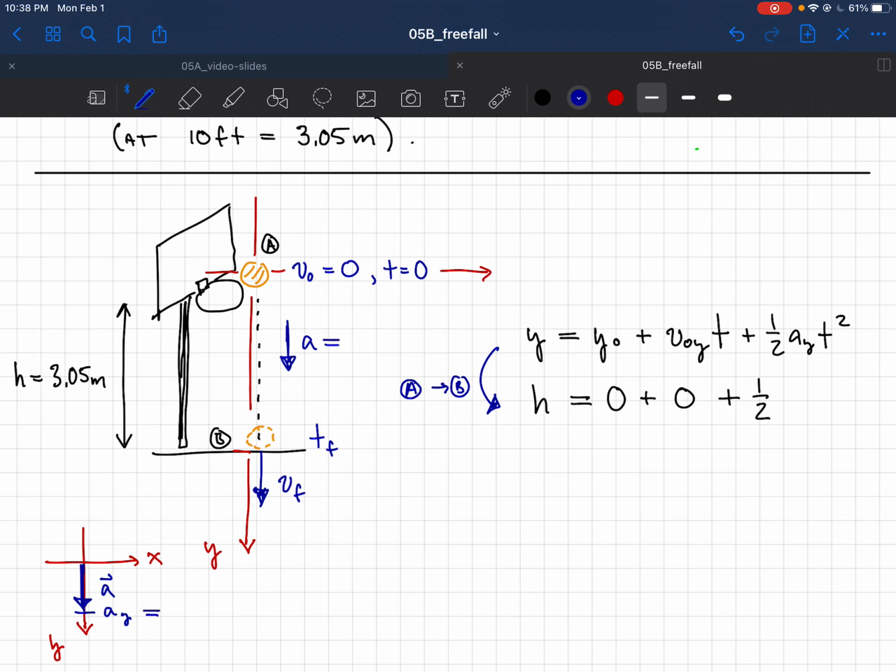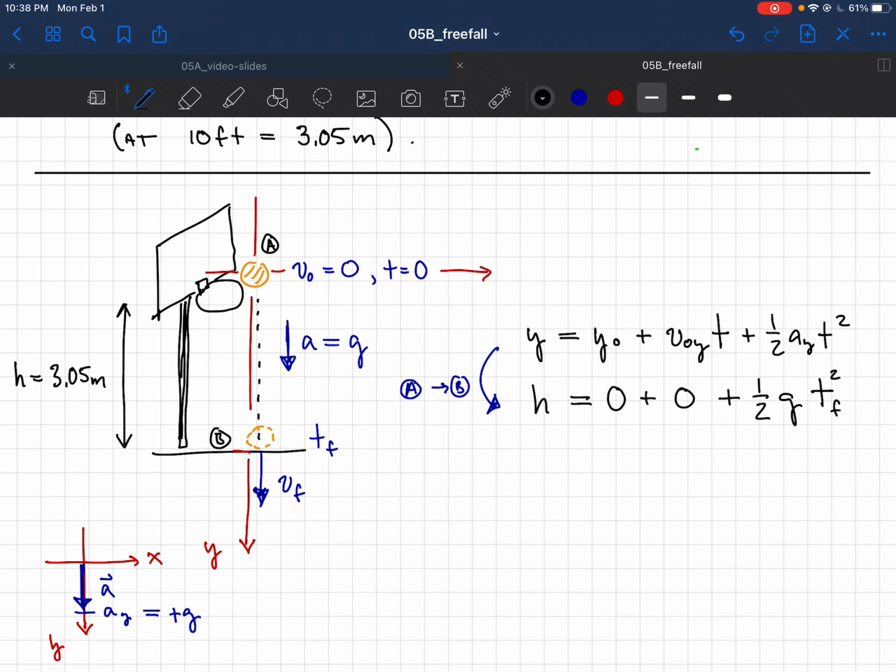So my acceleration vector has magnitude g, which is 9.8 meters per second squared. That's because we're standing on Earth. And so this tick mark here is equal to positive g, because it's on the positive y-axis as I've chosen my coordinate system. So we can write AY as g. And then we have t. We could call that t final, because that's what I called it here. And we get t final squared here.